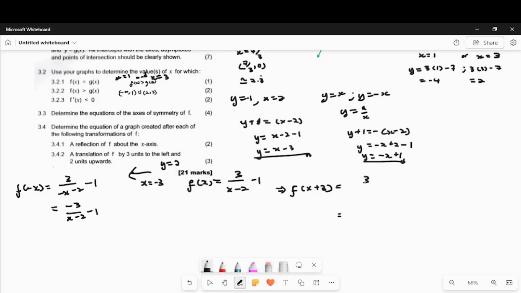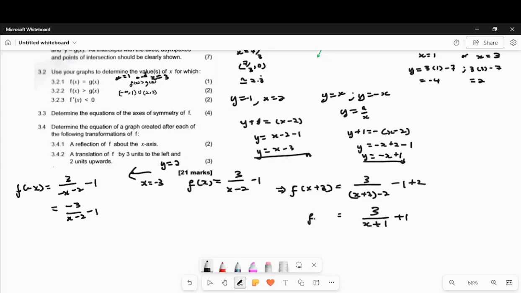So it's 3 divided by x plus 3 minus 2, then minus 1, and then I move 2 units upwards. Now to simplify that, I will have x plus 1, then plus 1.